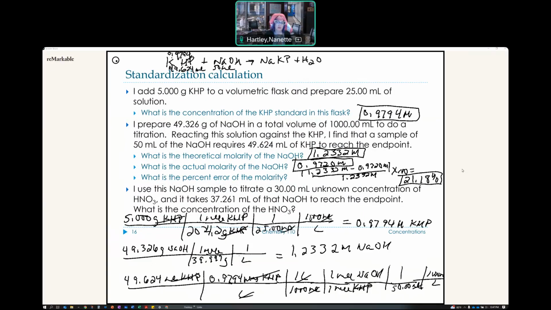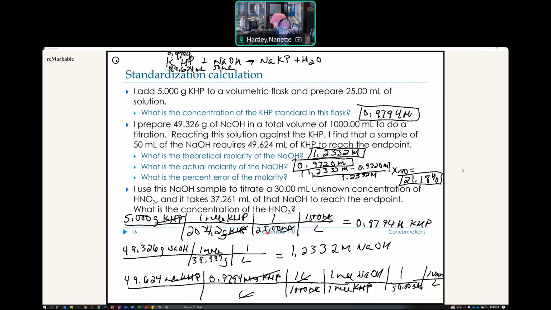Okay, so we looked at the standardization of this material a couple of slides ago, and we actually walked through how we get the concentration of the KHP solution. So we take the 5 grams of the KHP, and we divide that by the molecular weight of the KHP, the 204.2 grams per mole.